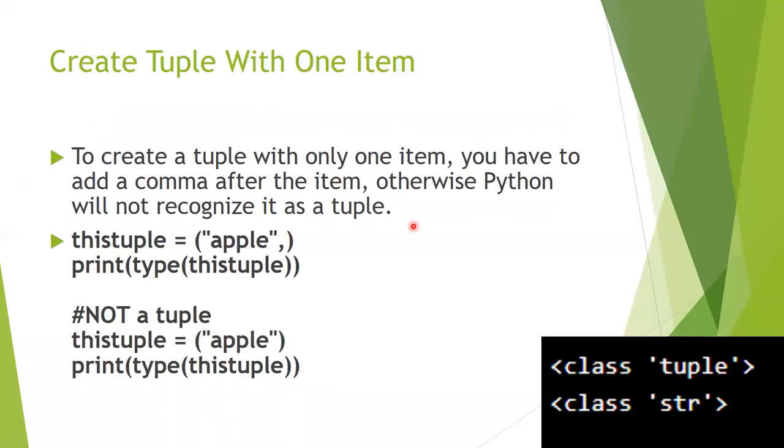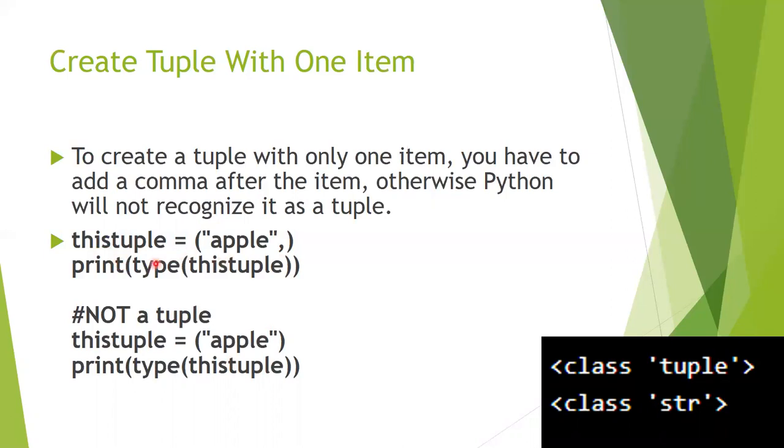Now, if we want to create a tuple with one item, then we have to use a comma for this, because if we don't write a comma, Python will recognize it as a string, not as a tuple. For example, this tuple is equal to apple.